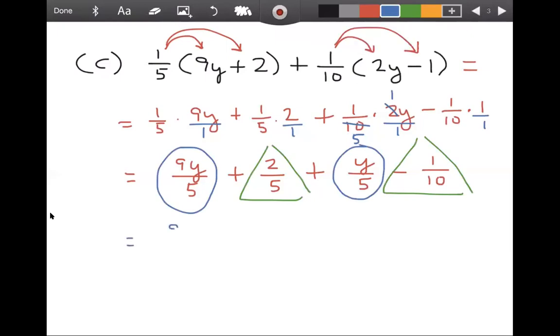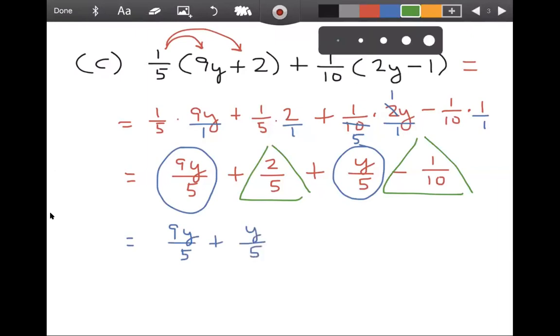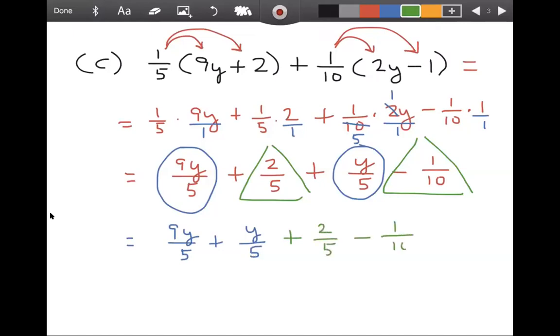We have 9y over 5 plus y over 5. And then next door, I'm going to write 2 over 5 minus 1 over 10. All right. So 9y over 5 plus y over 5 would just be 10y over 5.